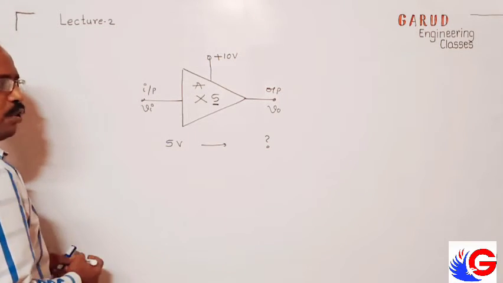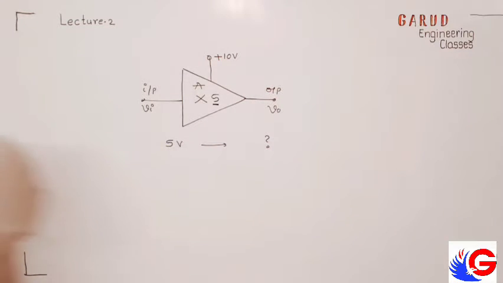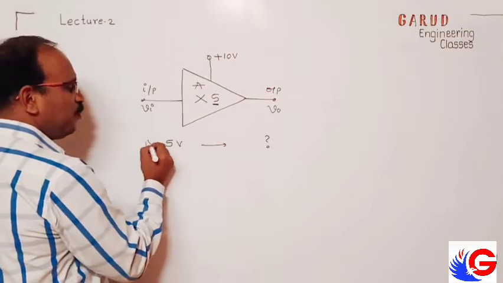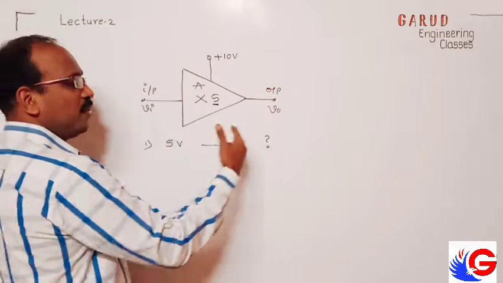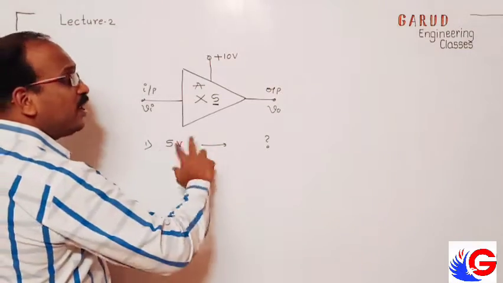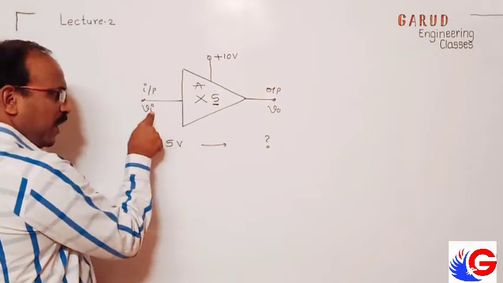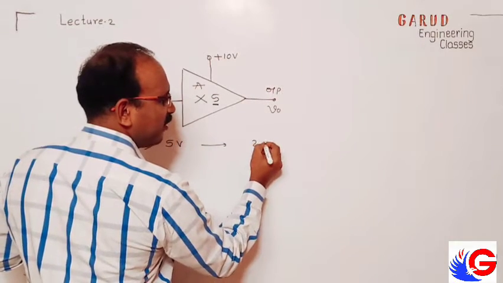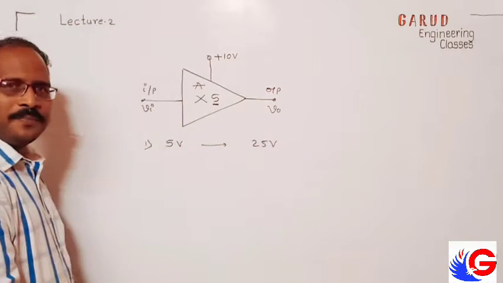Can you judge? According to calculation, 5 into 5, the output we are expecting is 25 volt.